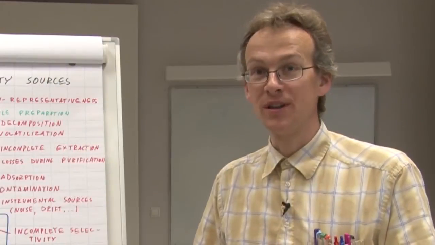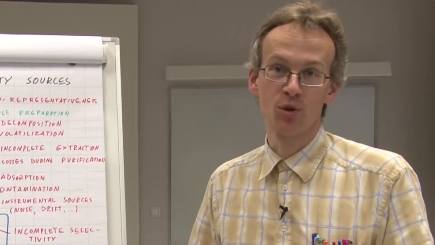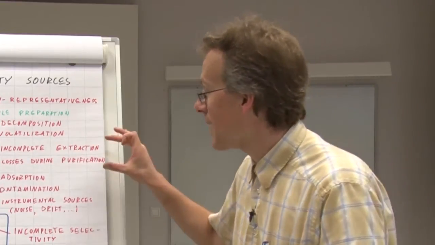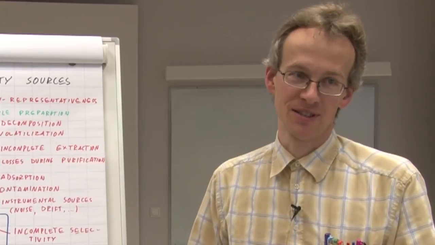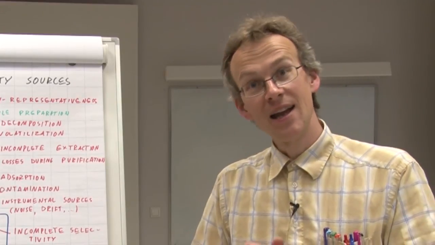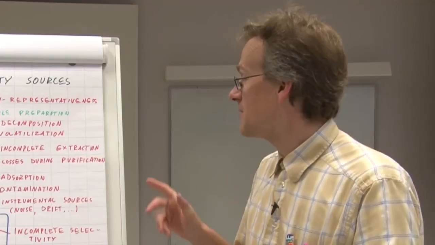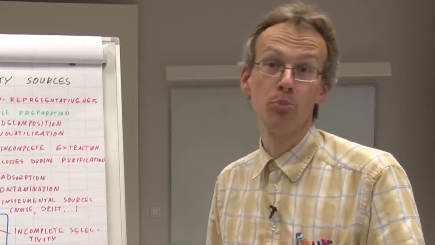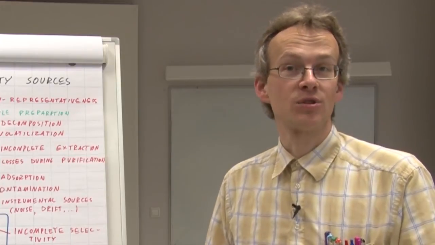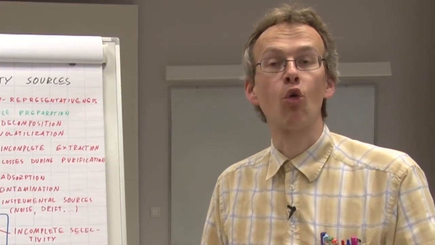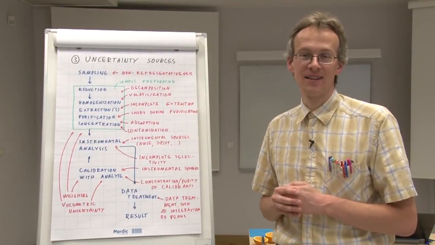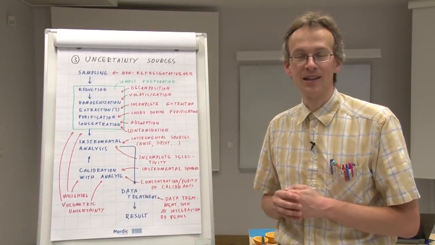It is good if they can be eliminated altogether, but if they cannot be eliminated, making them as small as possible is also useful. And on the other hand, every care must be taken to find out which of them are important uncertainty sources. And those that are important have to be quantified. And again, care has to be taken that they are quantified in a rigorous and logical manner.